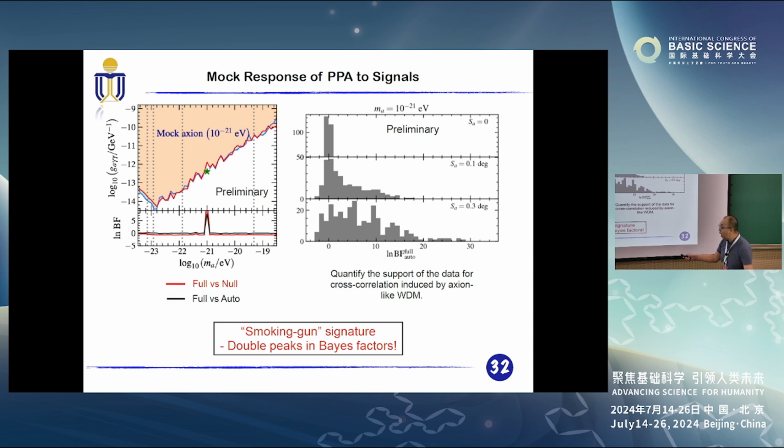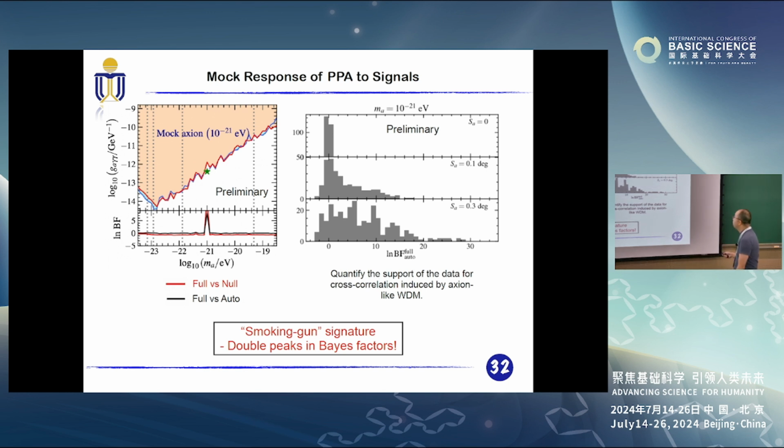And indeed, in this black curve there also exists a peak. So the appearance of these double peaks in the Bayes factors could serve as a smoking gun signature for this analysis.